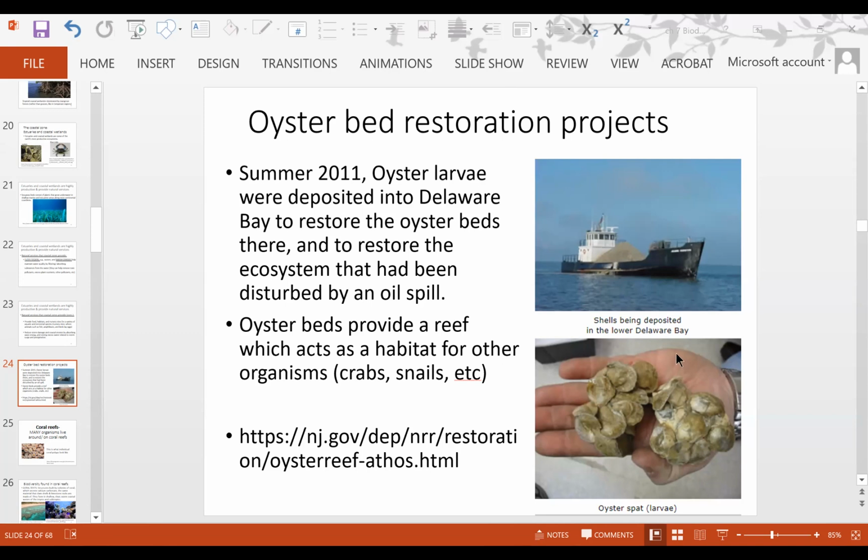And the oyster beds were then going to help to restore an ecosystem disturbed by an oil spill. And then the oyster beds also provide a hard substrate, like a reef, and that allows other organisms to live around and on the oyster bed. For example, crabs and snails.